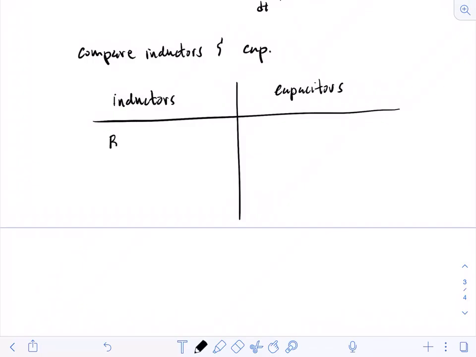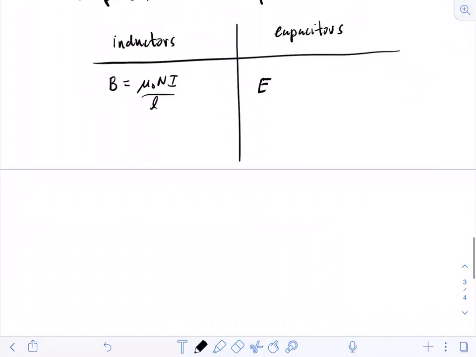So our inductors create a magnetic field that's uniform and has a value of mu naught n I over L. Capacitors created an electric field that was uniform, so let's see if we can remember something about capacitors. C was defined to be Q over delta V, the voltage across a capacitor.